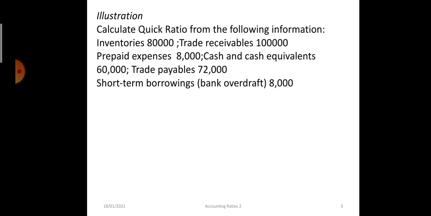In this, inventory, trade receivable, prepaid expense, cash and cash equivalents are current assets. Trade payables and short term borrowings are current liabilities. We have to calculate quick assets. While calculating quick assets, we will include only trade receivables and cash equivalents. So 1 lakh plus 60,000, it is 1 lakh 60,000.